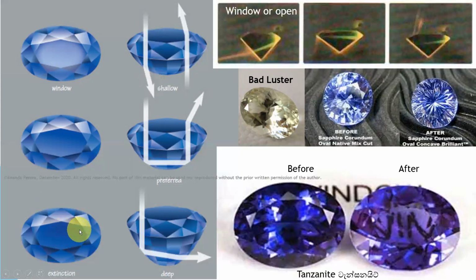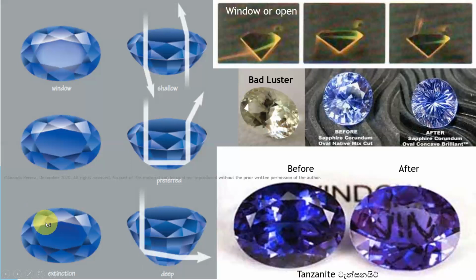This is another problem because it is a deep cut. Bottom pavilion is very deep. So the light goes this way. So this one, when we see it from the top, we can see no luster here because light is leaking like the first one.